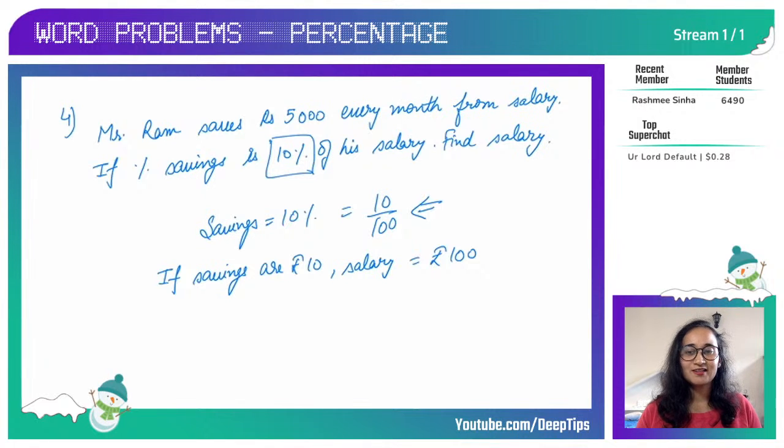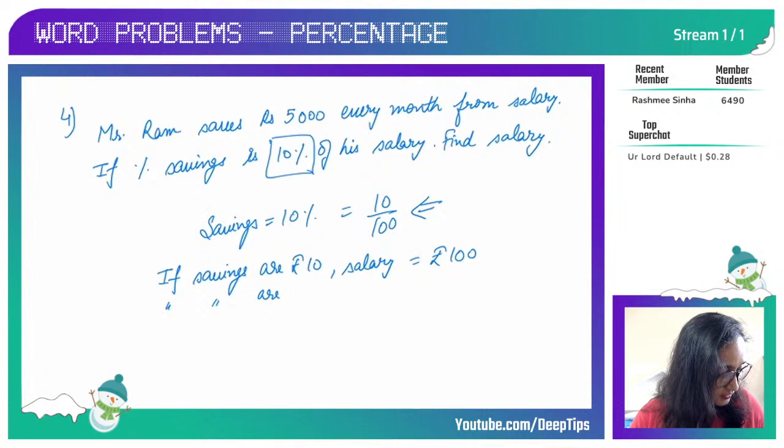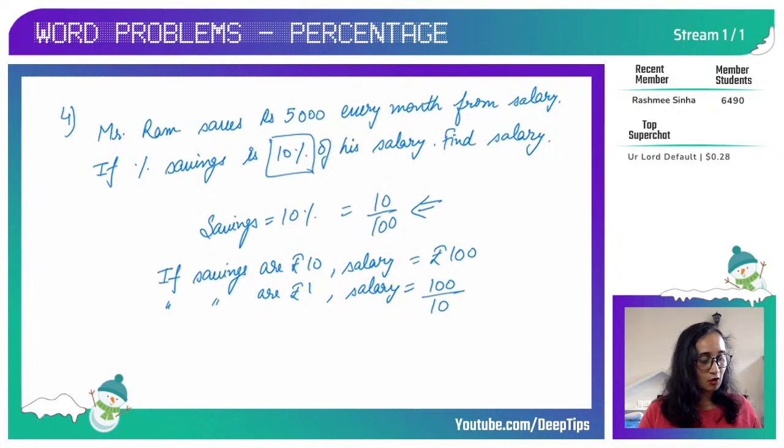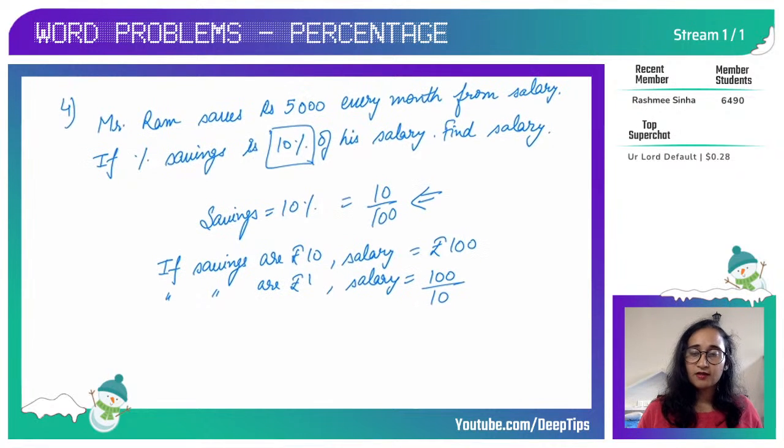Now unitary method says that if savings are rupees 1, then salary of Mr. Ram will be 100 upon 10, correct? So obviously if savings are less, salary will also be less according to this question.